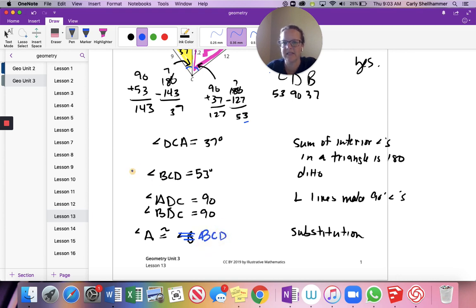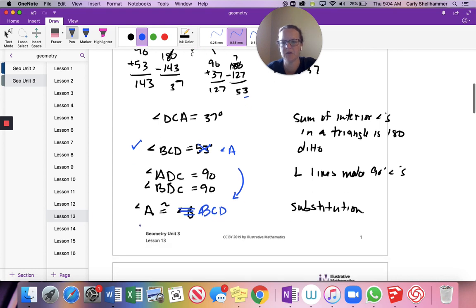So we know BCD equals 53, so we can substitute angle A here to use it in that statement. Okay, so we know those two are congruent, and now we can say the 90-degree angles are, I just did that twice. ADC is congruent to BDC, substitution, because they're both 90 degrees. See right here? I've got one equal to 90 degrees, the other equal to 90 degrees, so I can substitute and use it in that reason.